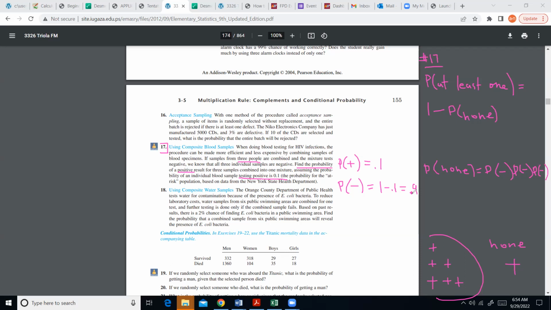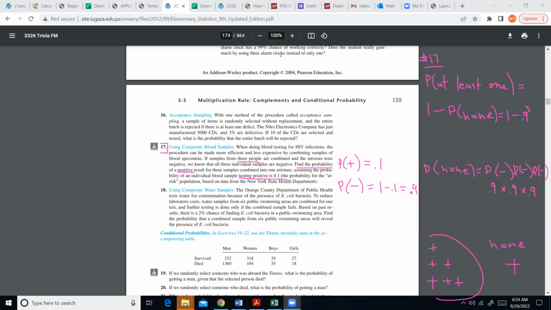The remaining ones are not positive, so negatives. If they get a probability of negative of 90%, which is more likely, and another 90%, and another 90%, that's going to be the probability that none of them is positive. So it's 0.9 raised to the power of 3. So you subtract this from 1 and see what comes out.